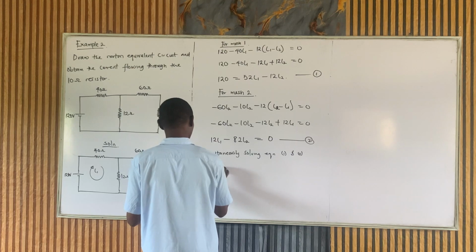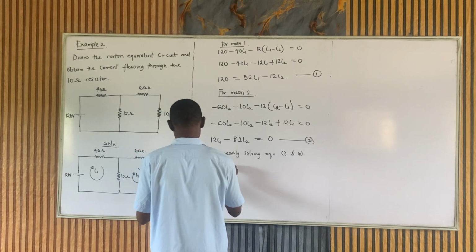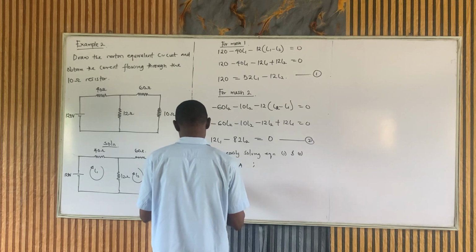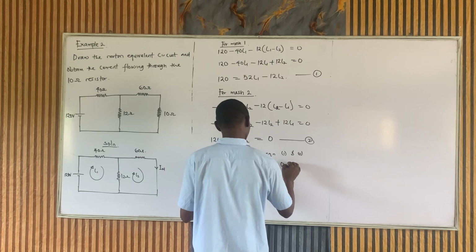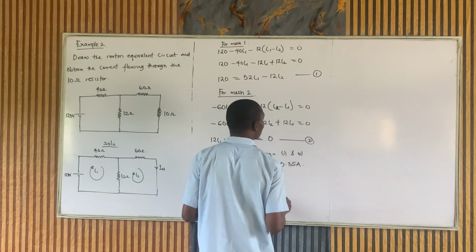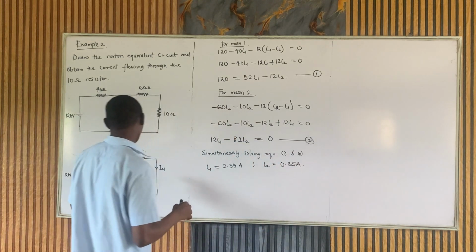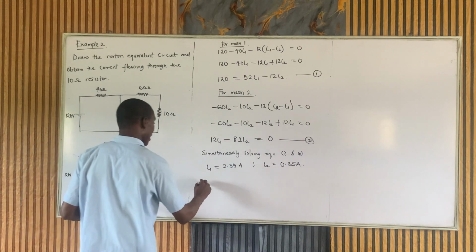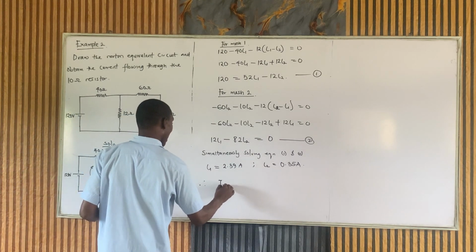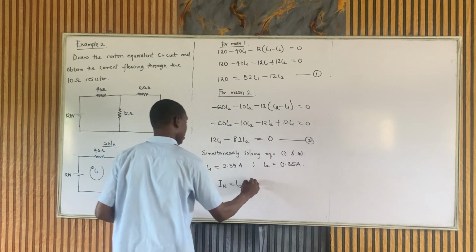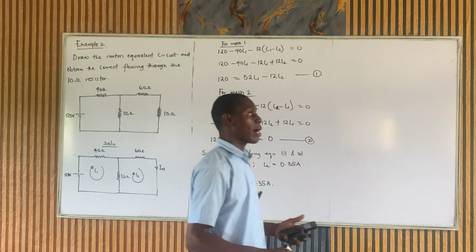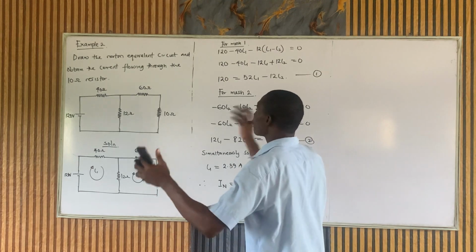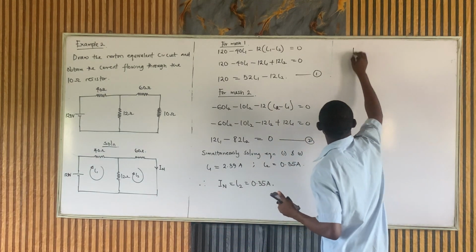Our I1 is given as 2.39 ampere and our I2 is 0.35 ampere. So looking at this now, we can say hence or therefore IN is the I2, which is 0.35 ampere. Next is to get our RN by removing all voltage sources by short circuiting.